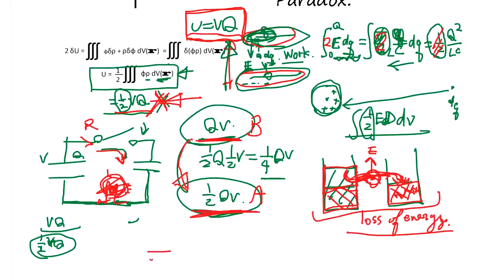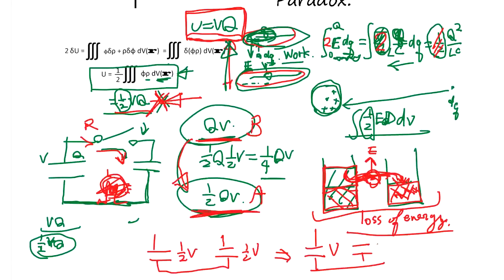If you have a half volt on the capacitor, can you somehow change it to one volt and 0 volt here?